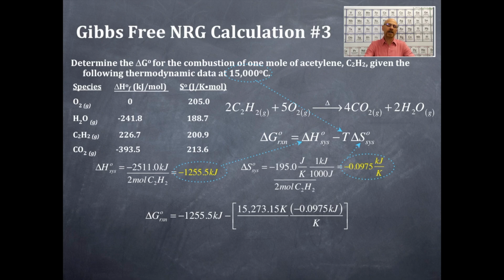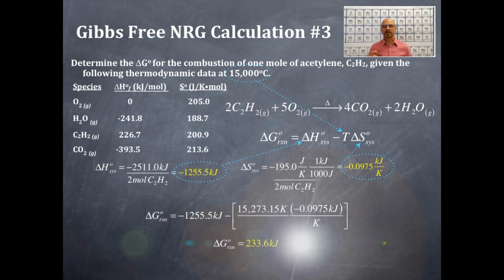I plug these values in here, and delta G naught is equal to negative 1,255.5 kilojoules minus the 15,273.15 Kelvin times the negative 0.0975 kilojoules per Kelvin. The Kelvin units cancel out, the kilojoule terms sum up, and I'm going to get a value.